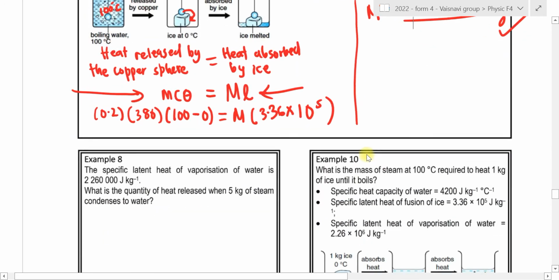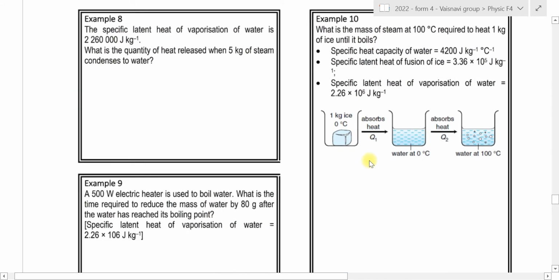Okay. Now, let's move on to the next part. Example 8. The specific latent heat of vaporization of water is 2,260,000. What is the quantity of heat Q released when 5 kg of steam condensed to water?